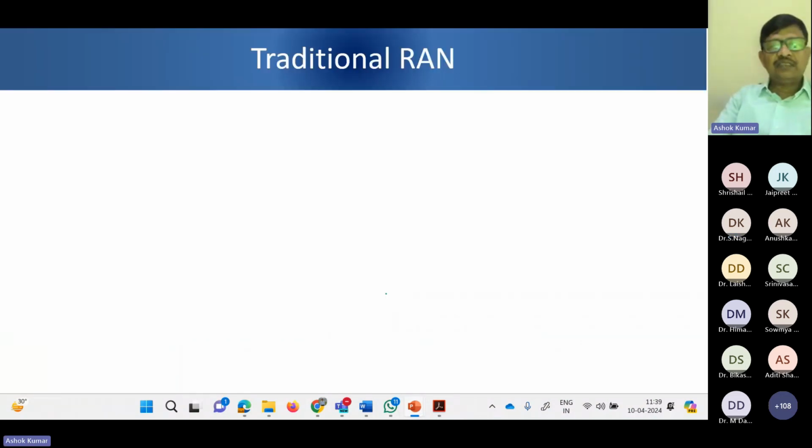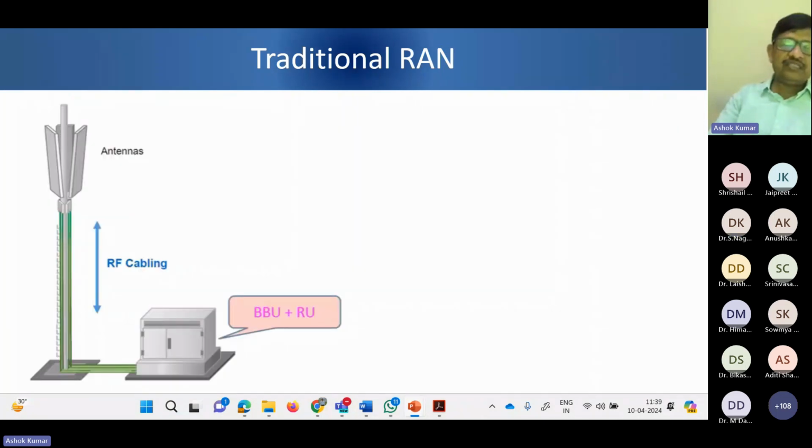So what is a traditional RAN? As you can see in this picture, during our earlier era of 2G or 3G or even 4G, we used to have BTSs, base transceiver stations, located at a place where we have a tower.